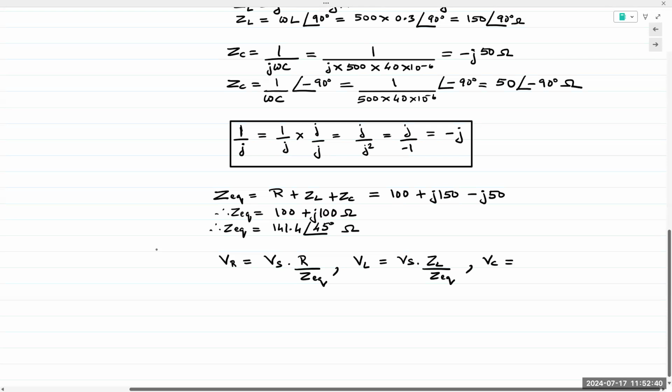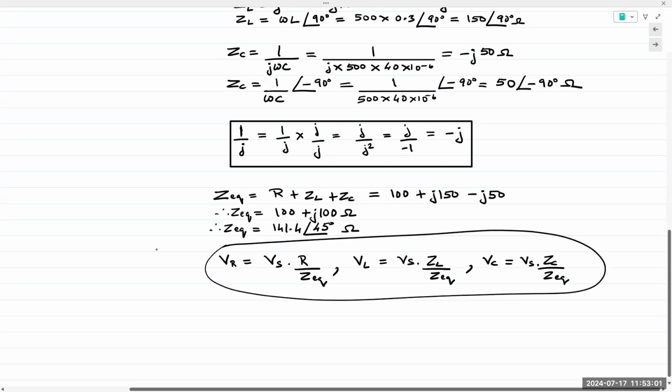And VC would be Vs times ZC divided by ZEQ. So once I go through and solve this, you would have VR, VL, and VC at your disposal. I strongly recommend that you practice using these equations and see if you can obtain the exact same answer.